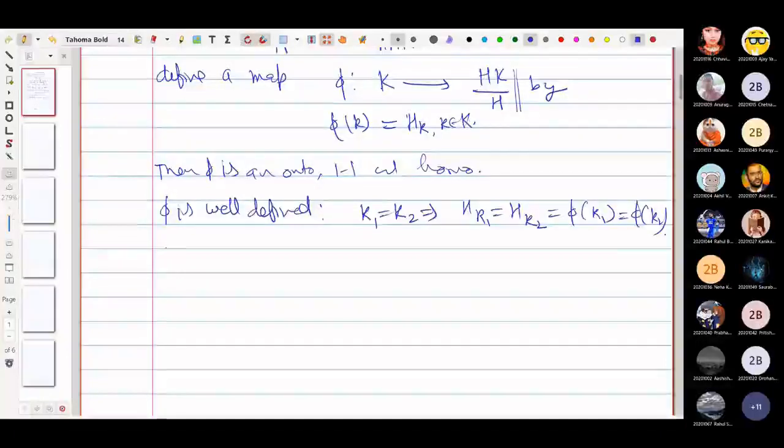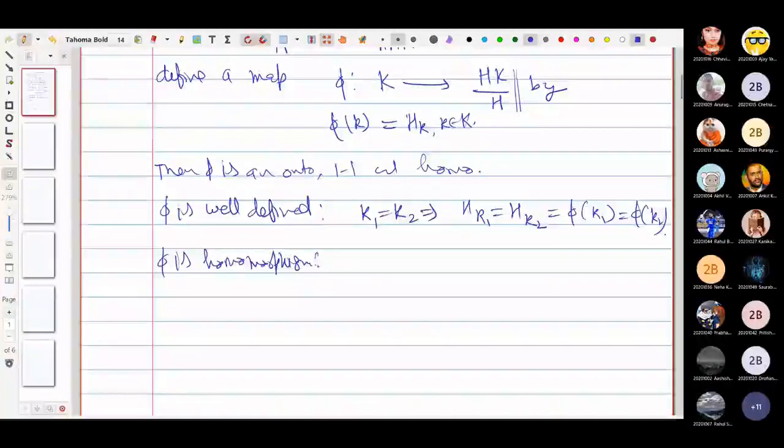Okay. Then we can prove that this is one-to-one and onto also. So let us see phi is a homomorphism first.